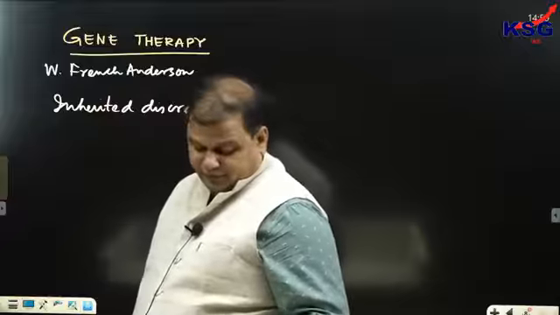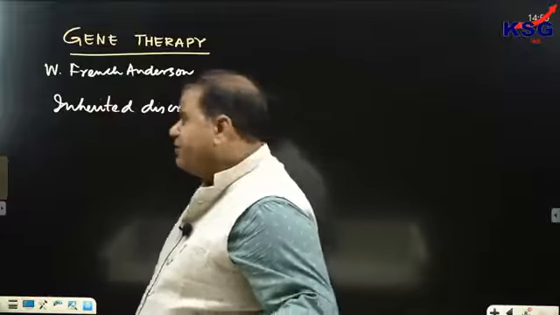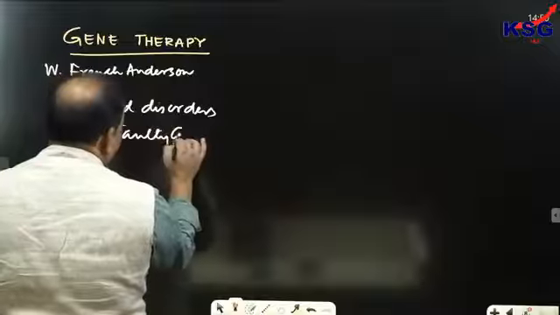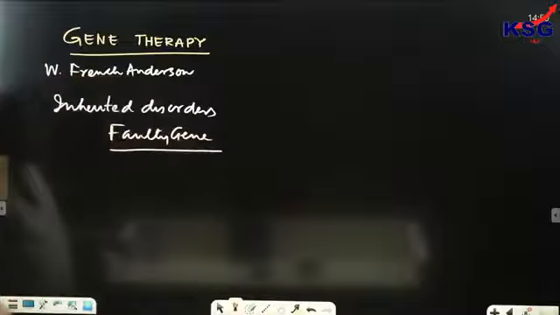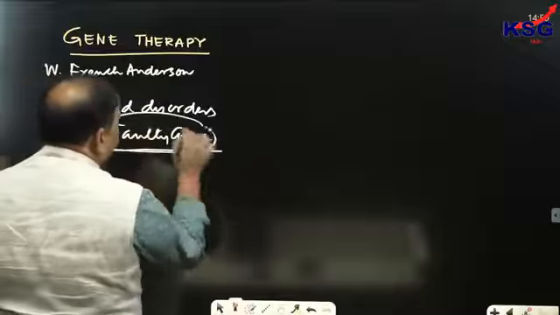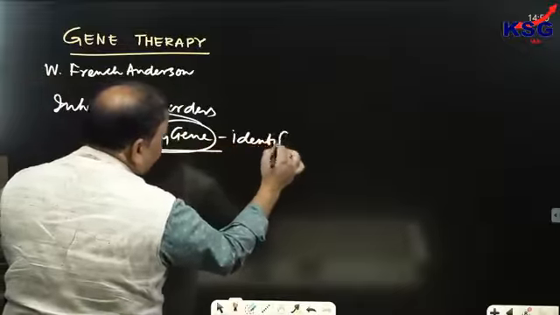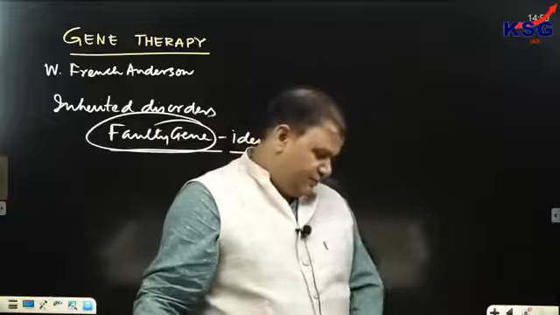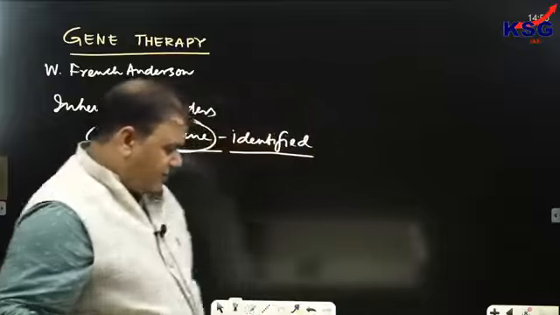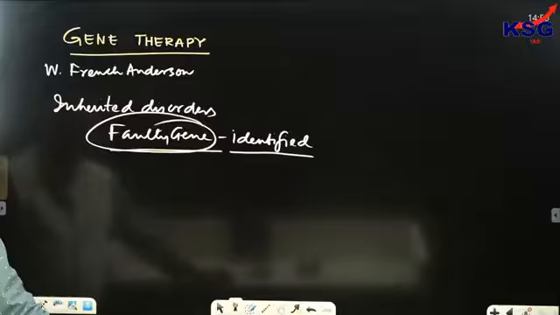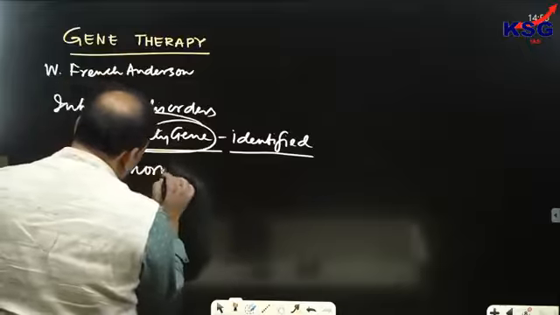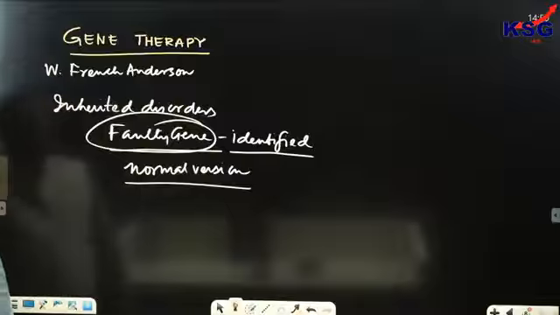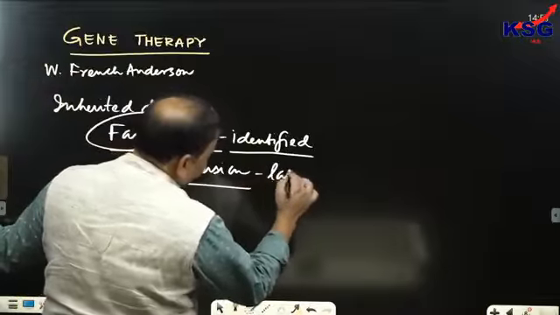Write down. First of all, the faulty gene responsible for the disorder is identified, and the normal version of this gene is prepared in the lab by cloning.